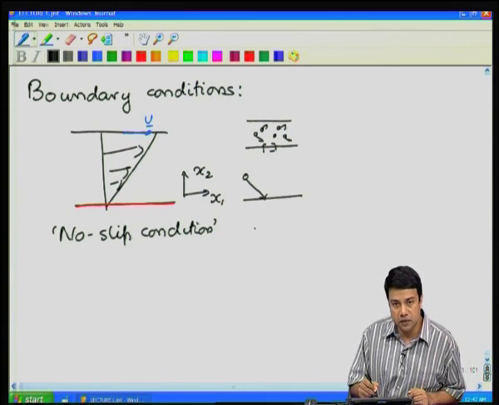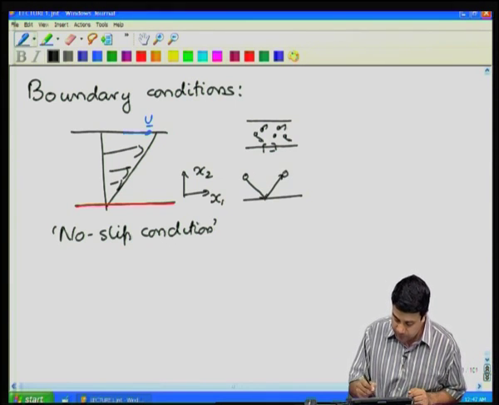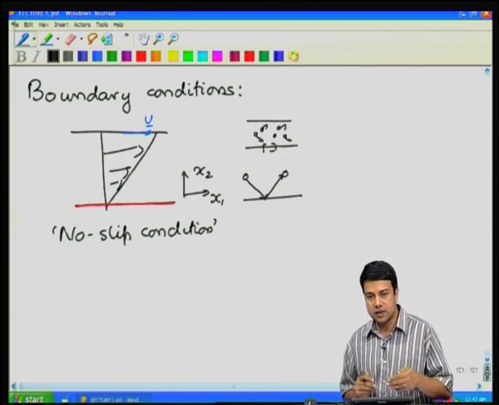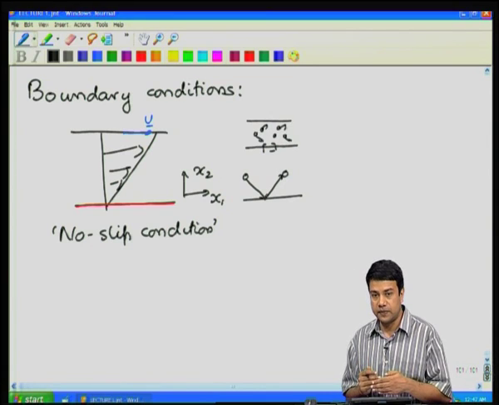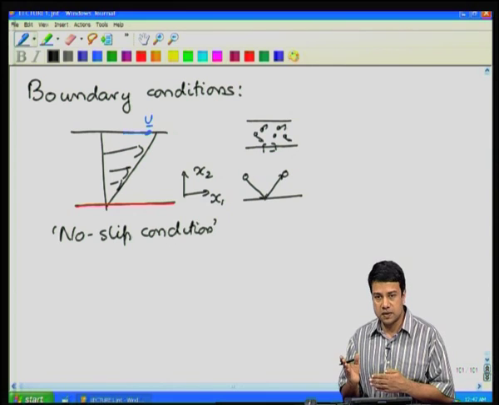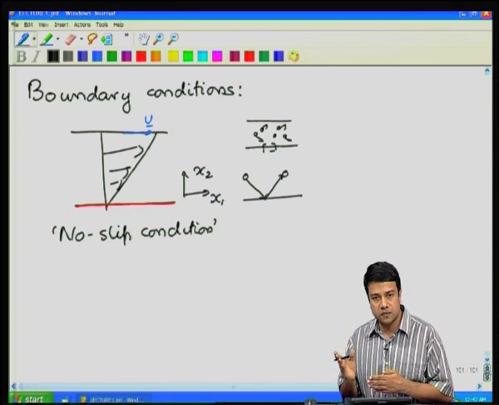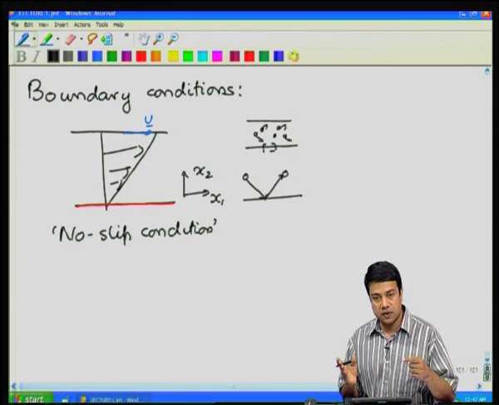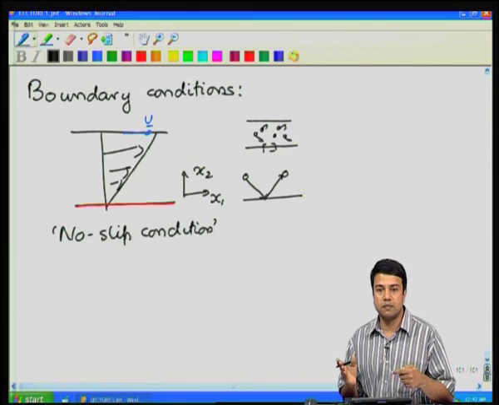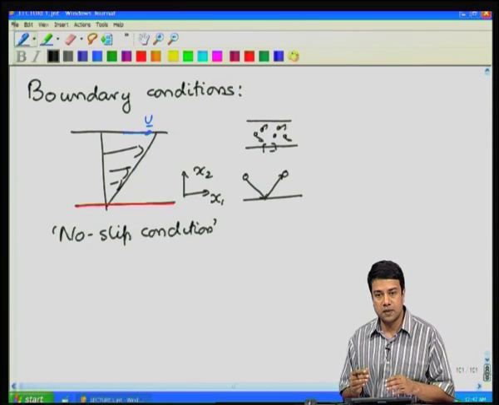you would expect that the molecule that is reflected off the wall has the same velocity as the wall itself, because when it has collided with the wall, it has equilibrated with the wall. Once it has equilibrated with the wall, it is going to come out with a velocity which is the same as the velocity of the wall itself. However, the molecule that is incoming before collision need not have the same mean velocity as the wall itself, and because of that one could end up having a net slip at the surface.